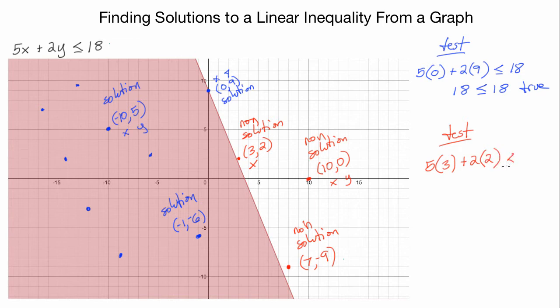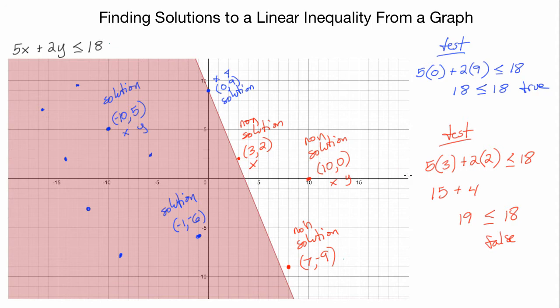Is that less than or equal to 18? All right, 5 times 3 is 15. 2 times 2 is 4. 15 plus 4 is 19. And there we just verified that 19 is not less than or equal to 18. So that's a false statement. And we just verified that it's not a solution.